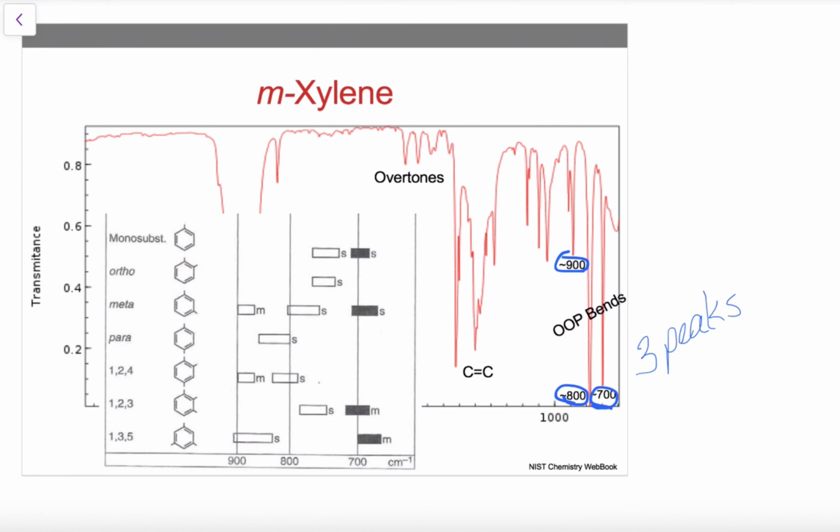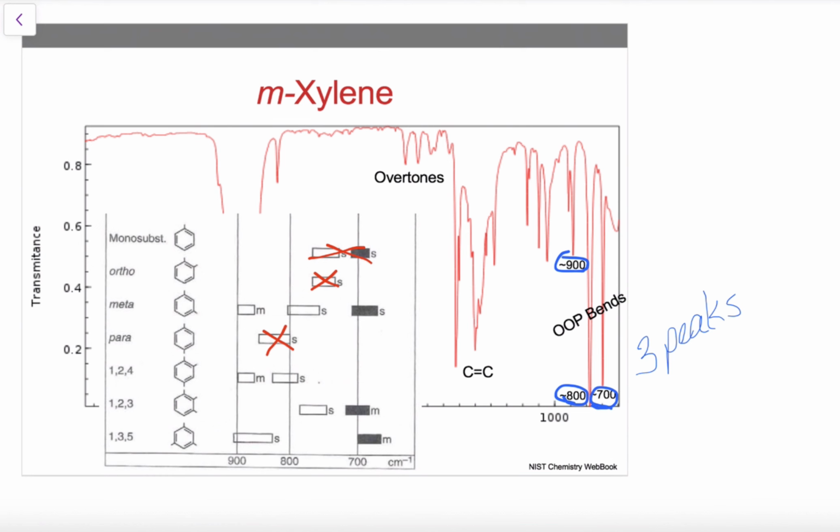Then we can look at our table. So we're looking for one of the substitution patterns that produces 3 peaks. So for instance, the mono-substituted only has 2 peaks, so we can cross that out. Ortho only has 1 peak and cross it out. Meta has 3 peaks, so we can keep that one.